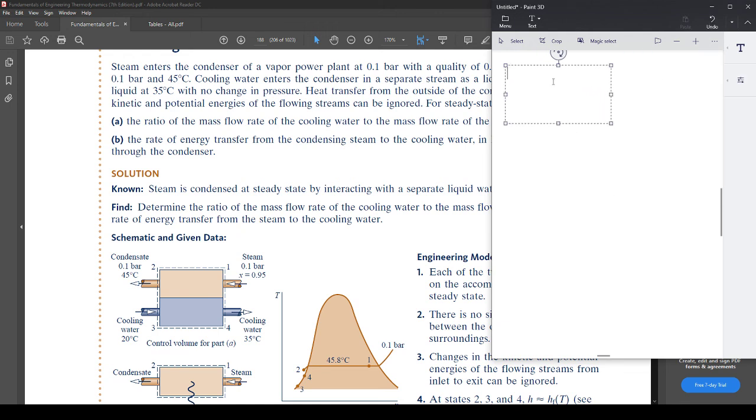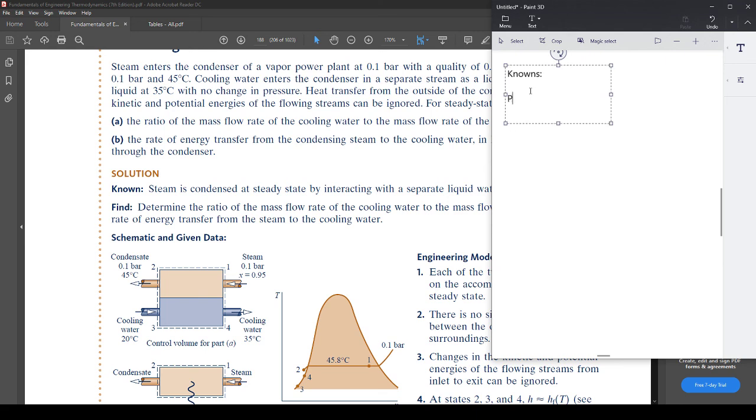These are the things that were given in the question, so let's list the knowns here. The first one says steam enters the condenser. They've told you it's water, essentially, but it's steam. It enters the condenser of a vapor power plant at 0.1 bar, so we are under atmospheric conditions here.